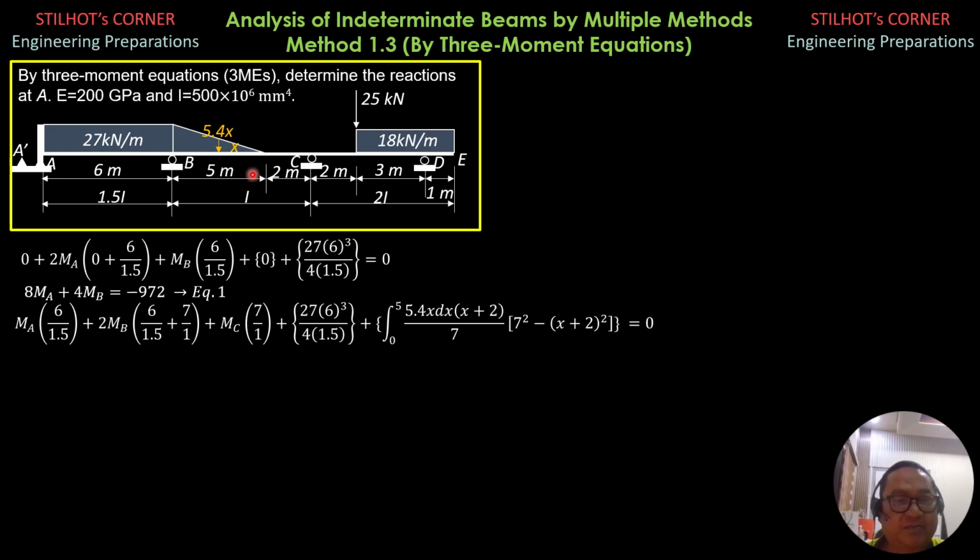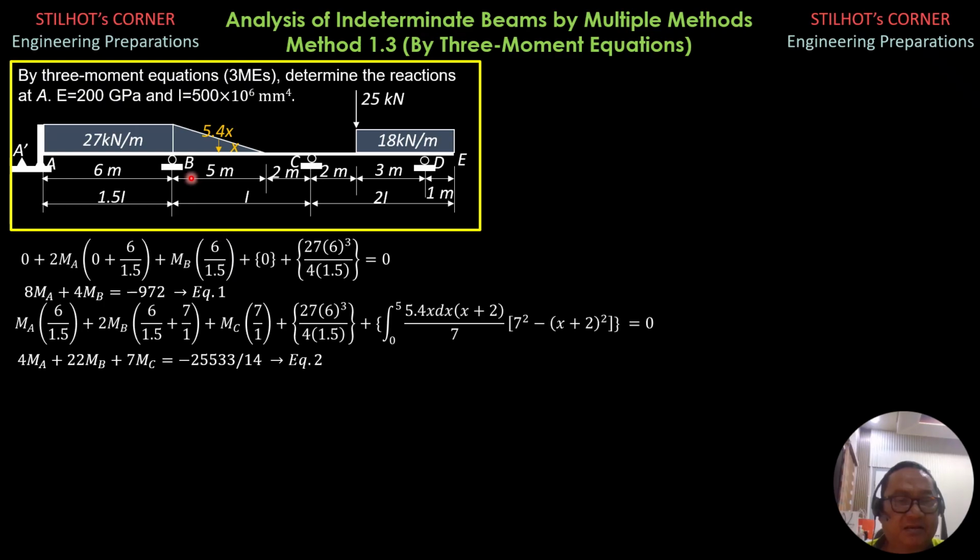Quantity is 7 square minus b square. So 7 square minus b is x plus 2 quantity square. Then equals 6EI quantity HA over L1 plus HB over L2. So that's still 0, right side. These are supports that do not settle. So simplifying, we have 4MA plus 22MB plus 7MC equals, transposing this to the right and combining values, negative 25533 over 14. Call this equation 2.